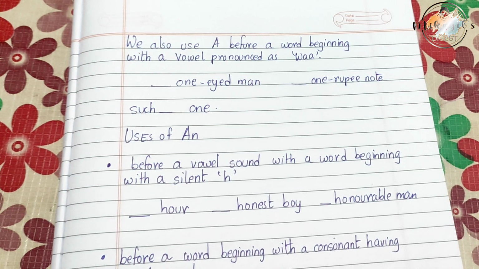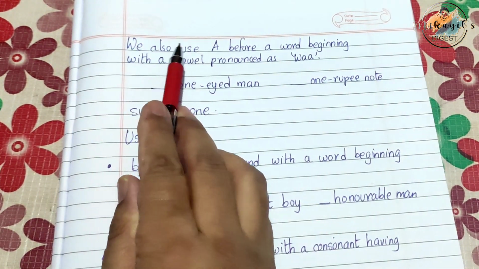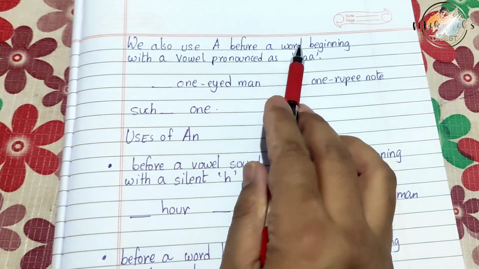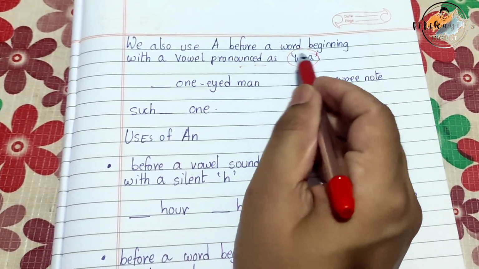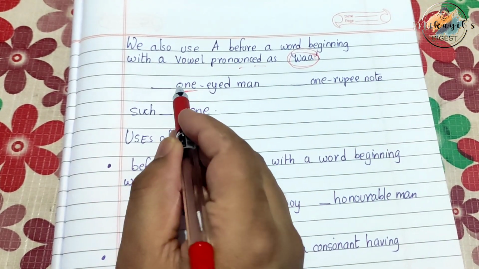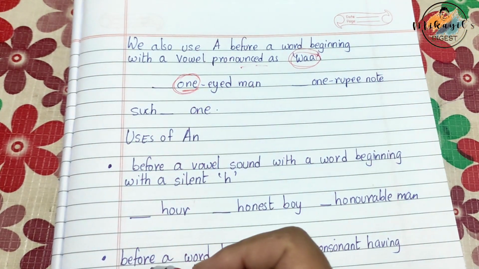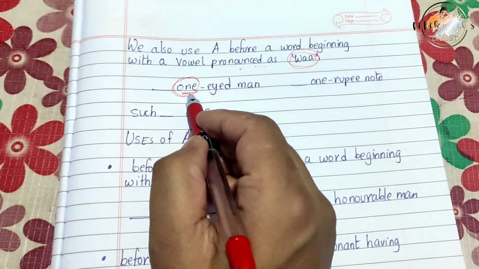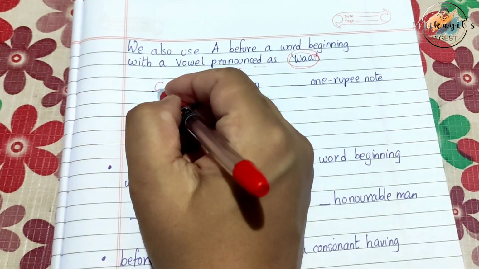Dear learners, there is another interesting place where you cannot use an. As you can see here, we also use a before a word beginning with a vowel pronounced as w. For example, one-eyed man. The pronunciation is w. Whenever this pronunciation w comes, you cannot use an. We need to add a.